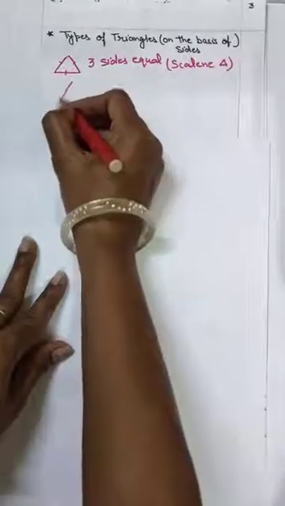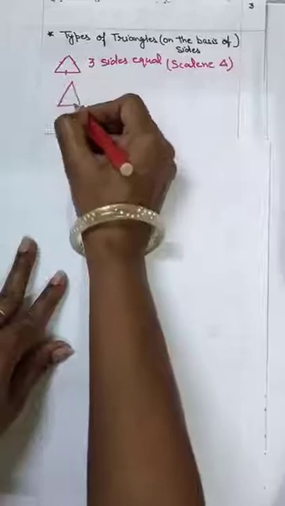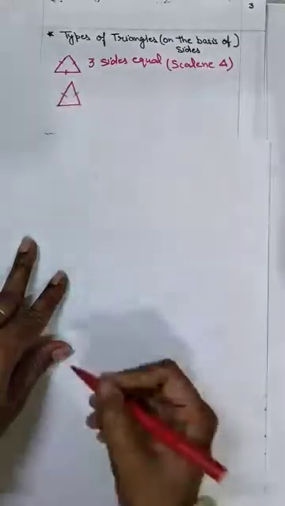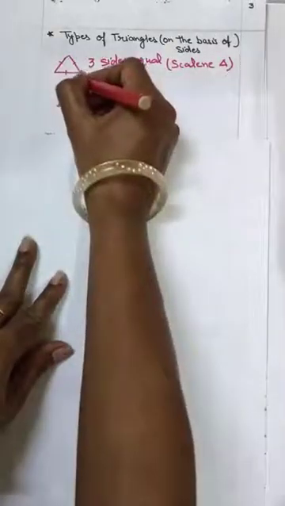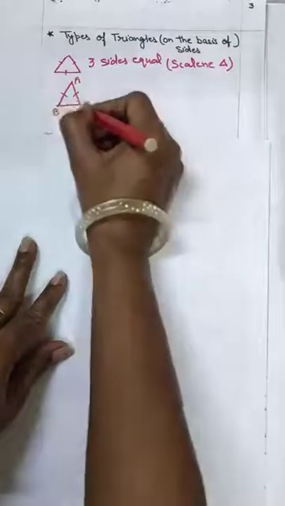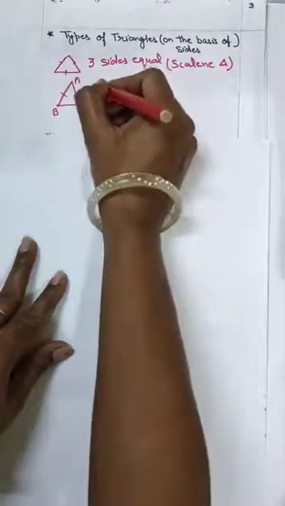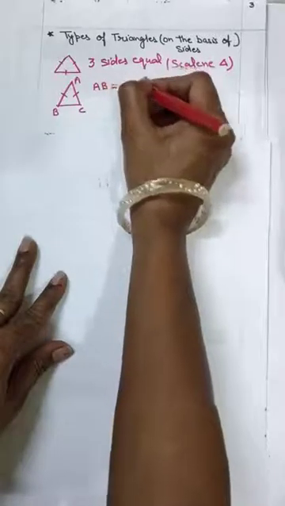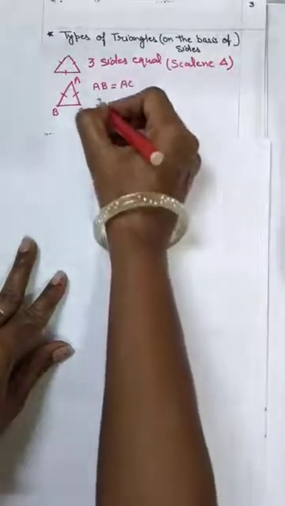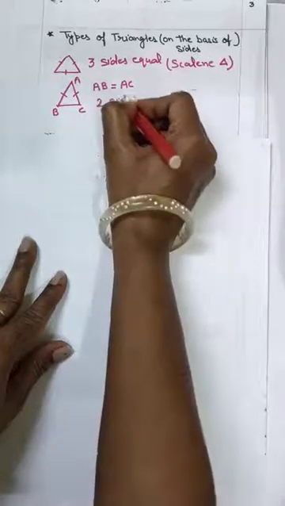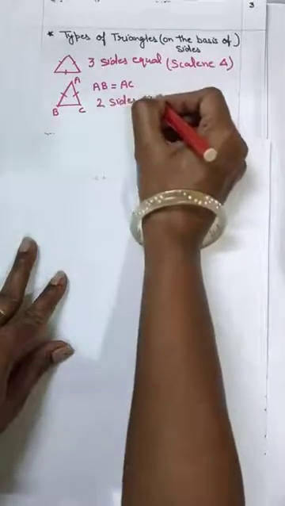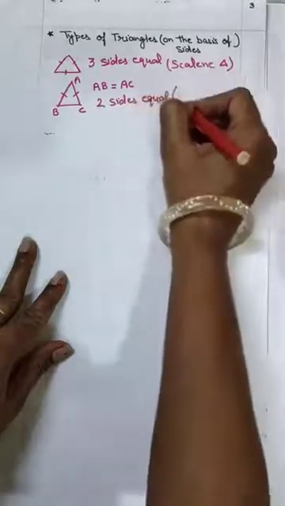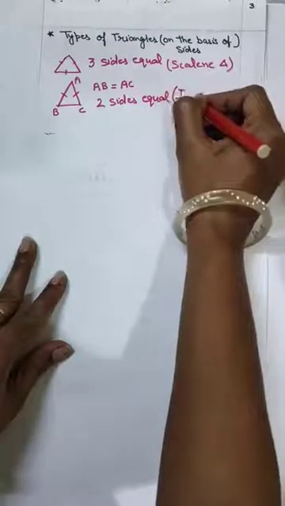If two sides are equal, suppose these two sides are equal, this is a triangle ABC, and in this AB is equal to AC. Okay, so two sides are equal, then it is an isosceles triangle.